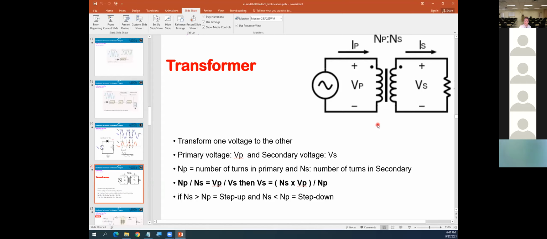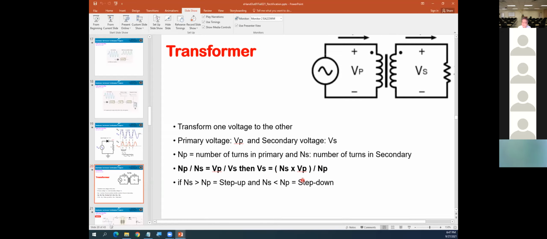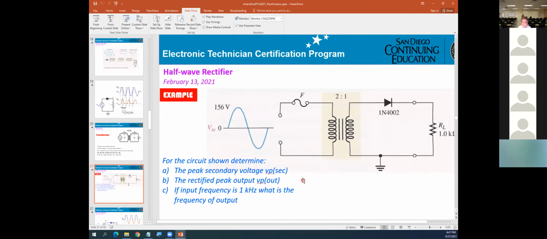Which one is the secondary? How many turns for the primary? How many turns, meaning the wiring, for the secondary? Then you're able to calculate the secondary voltage if you know the primary. That's very simple.